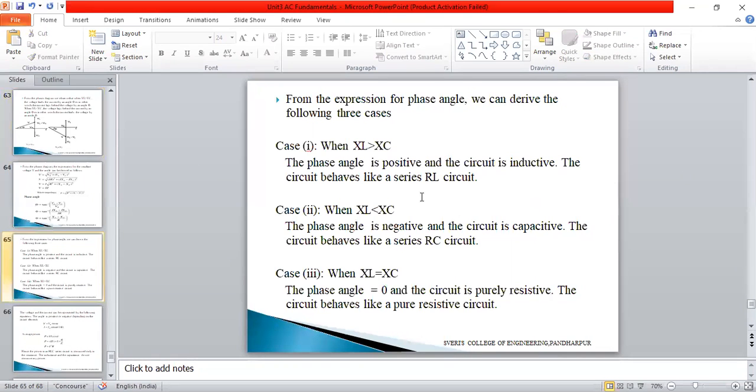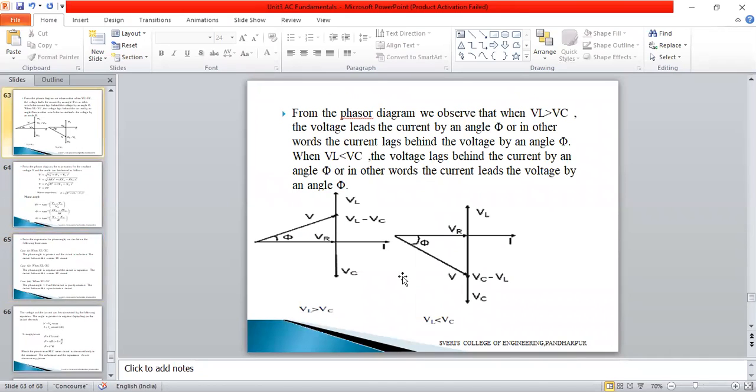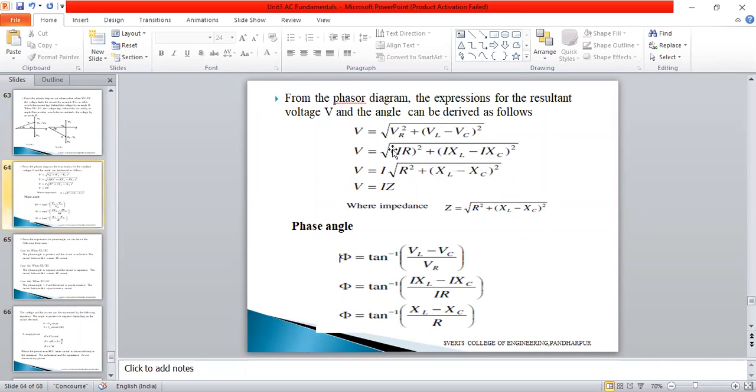Case 1: when VL is greater than VC, or XL is greater than XC. We can write.